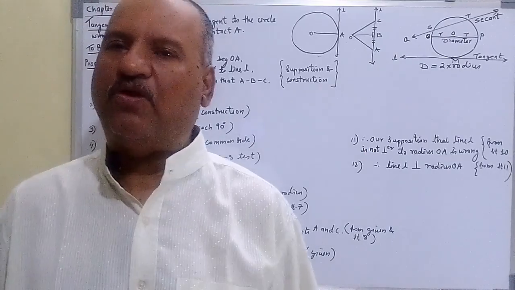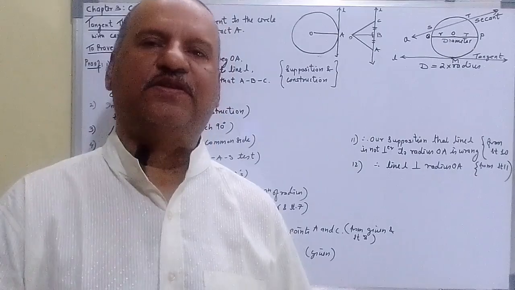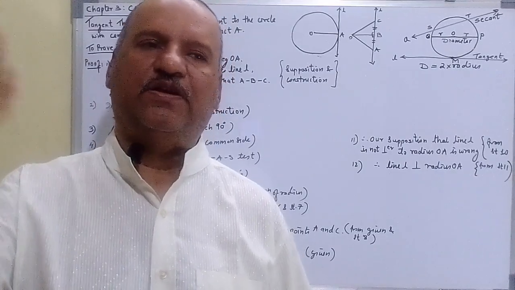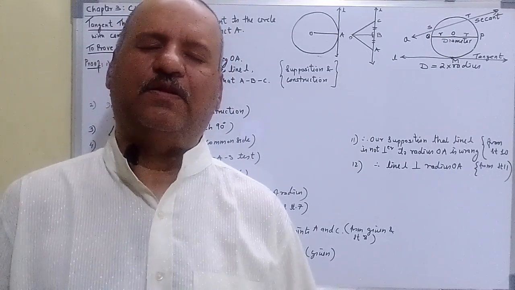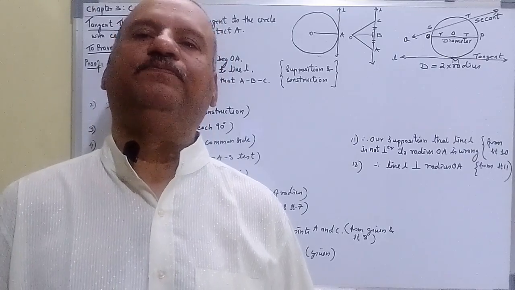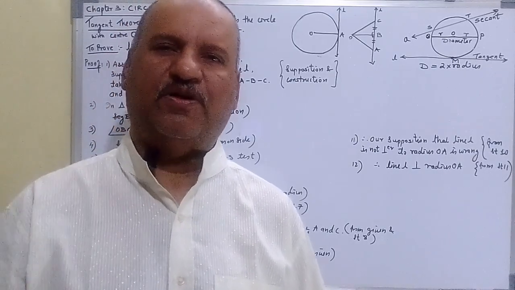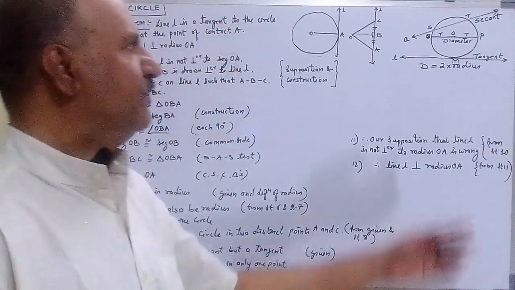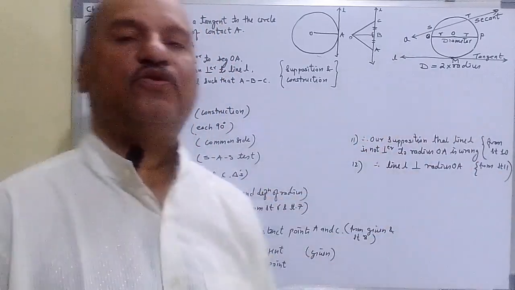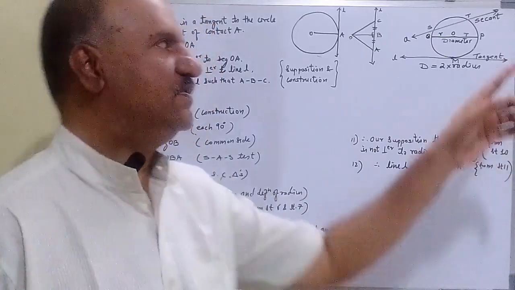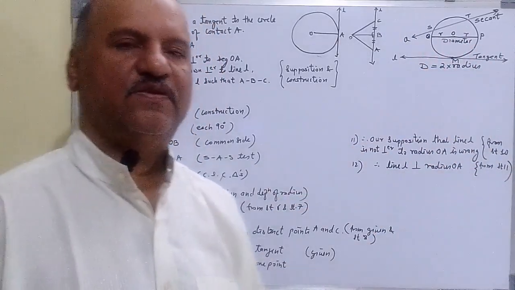One more important formula which we will use not only in this chapter but also in mensuration, probably the last chapter. That is, diameter is 2 into radius, 2 times radius. We can see radius plus radius is PQ.